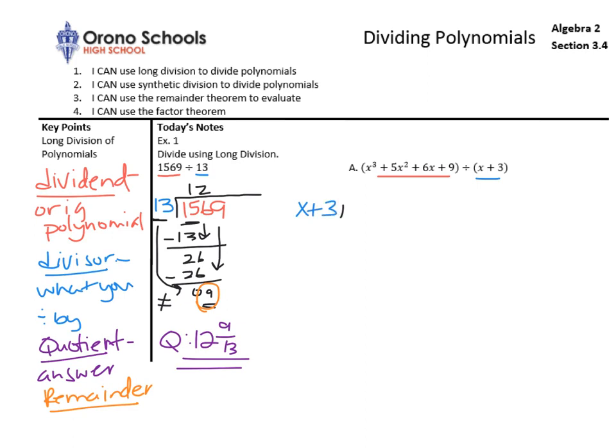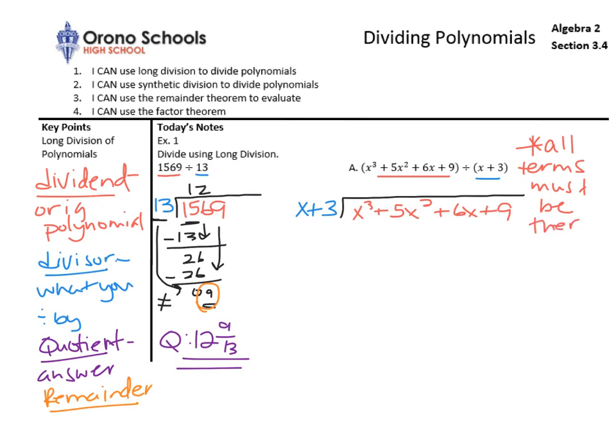You put a pretty big fraction bar or dividing bar on this one and write your dividend in on the inside. x cubed plus 5x squared plus 6x plus 9. And it's important to note here, you guys, that all terms must be represented in your original dividend. If there's a term that's missing, you have to put in 0 as its coefficient. So it needs a placeholder.